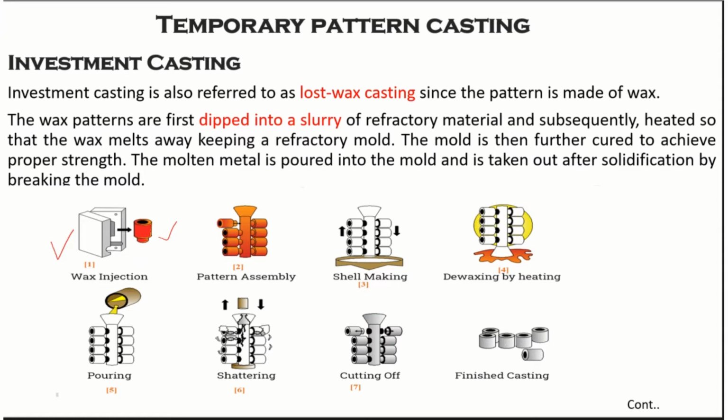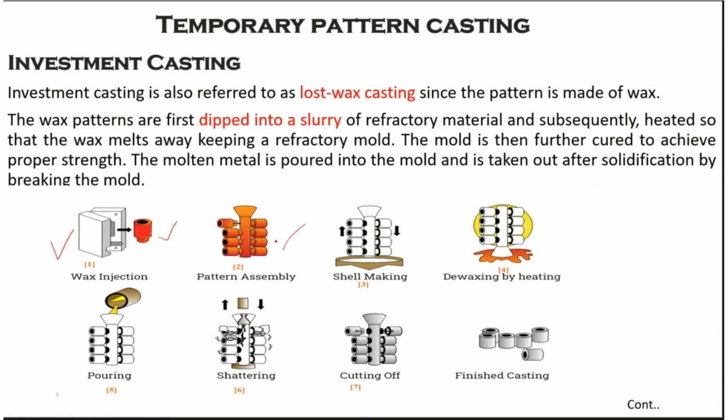Once the pattern is taken out from the die, a number of patterns will be attached to the core. Here, as shown, the number of patterns are assembled together. Once they are assembled together, this assembled product will be used for the mold preparation.